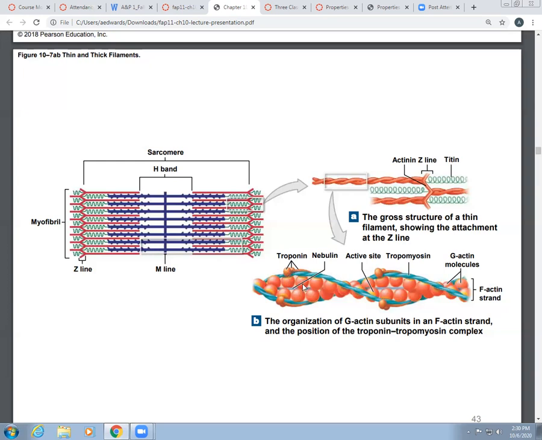And then we'll see, and these are all G-actin, these are all those G-actin molecules. So the tropomyosin wraps around the actin, and it keeps essentially the active sites on the actin blocked. And troponin can bind to the tropomyosin and the G-actin.